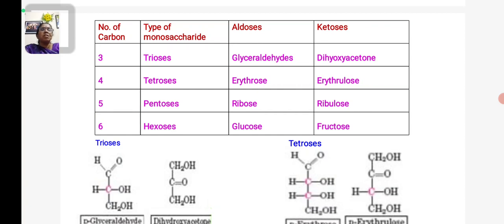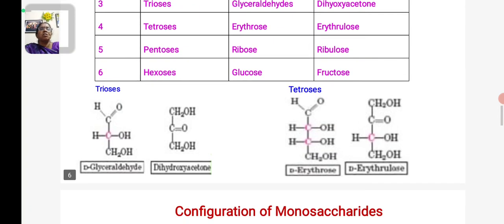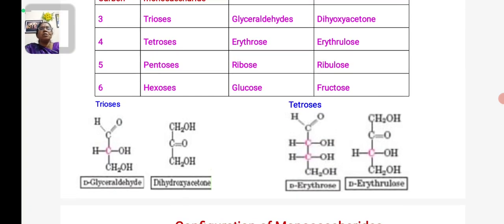Finally, for hexoses, an aldohexose example is glucose, and the ketohexose is fructose.